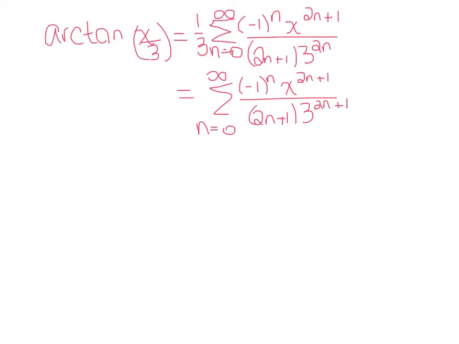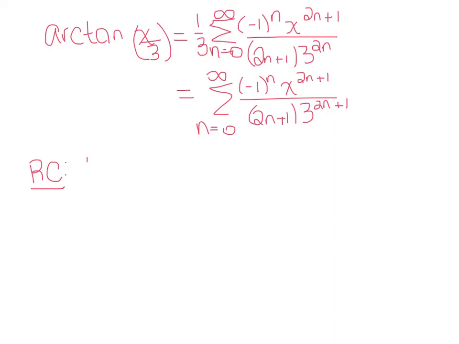So now the very last thing that we need to do is calculate the radius of convergence. So remember, for that we're going to probably use the root test or the ratio test. And here this looks very much like the ratio test. So we're going to go ahead and do the ratio test here.